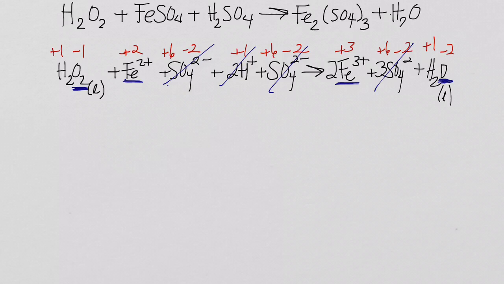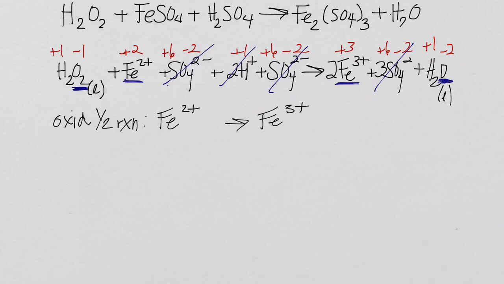Now it's time to write out the oxidation half reaction and the reduction half reaction. So that's the next step. Oxidation half reaction is pretty easy. You've got iron 2+ going to iron 3+. Balance the atoms, already done. Balance the charges, you had an iron that was losing an electron, so we're done with that one.